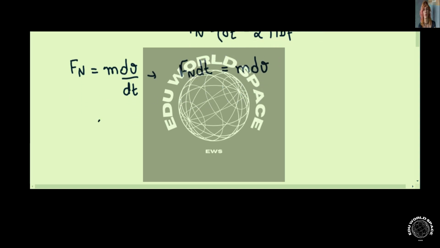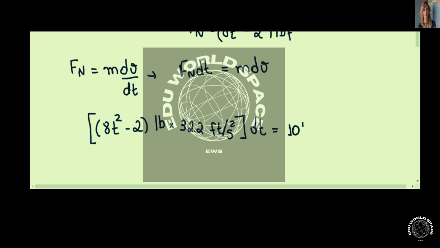And now substituting explicitly, we have 8t squared minus 2 dt is equal to the mass. Let me write the units here. So 8t squared minus 2 pound forces, which is 1 pound times g, and g is 32.2 feet per second squared, dt, and this is equal to the mass, which is 10 pounds, times dv.